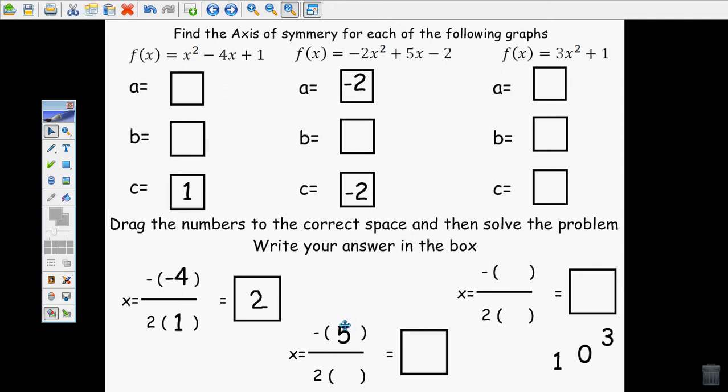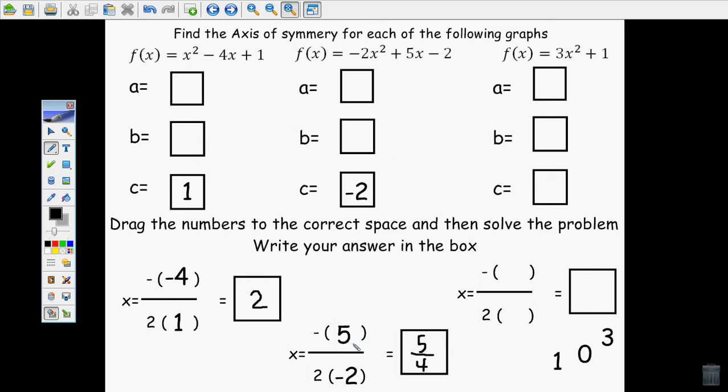This time it will be -5 over 2 times -2. So in this case, I can just leave it as a fraction here, 5 over 4.